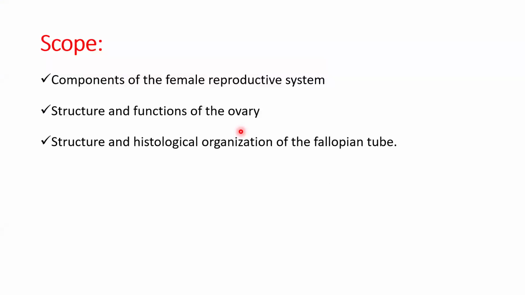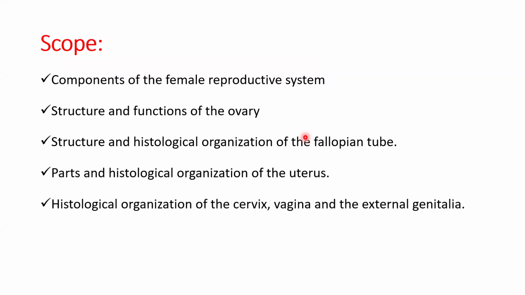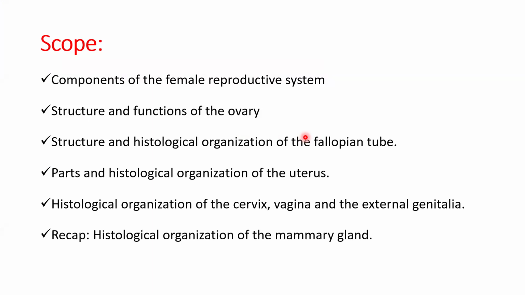We'll also talk about the structure and histological organization of the fallopian tube. We'll also look at the organization of the uterus, the parts, and histological organization. Then talk about the cervix, vagina, and the external genitalia. We'll also recap on the histological organization of the mammary gland.